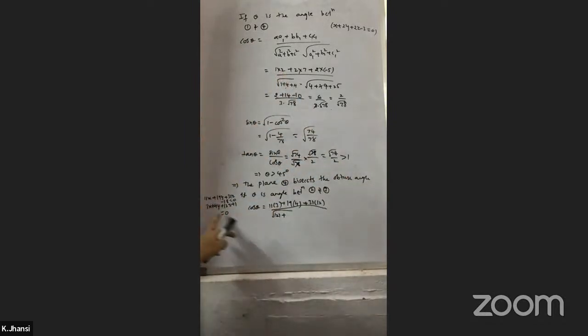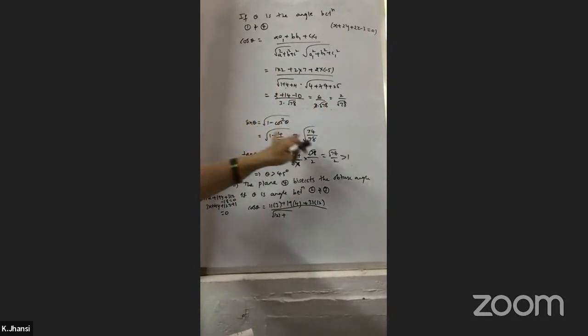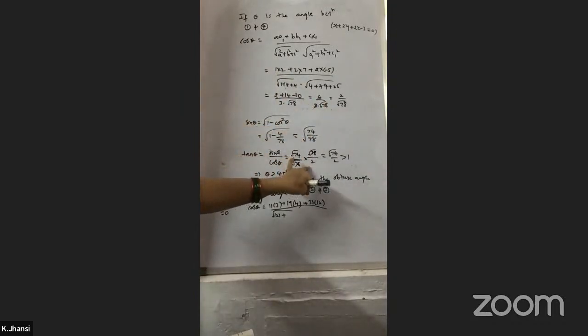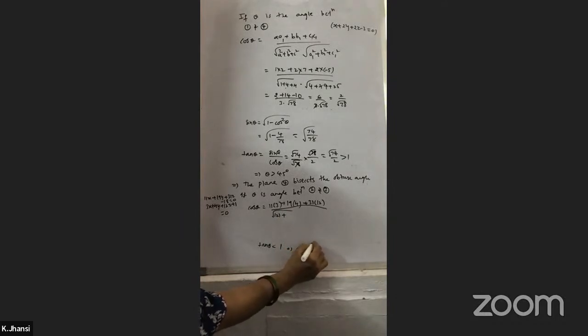Here also you do the squares of this and of this. After the same procedure, whatever value you get as cos theta, you convert that into sin theta, then into tan theta. If you get a tan theta value less than 1, then theta is less than 45 degrees.